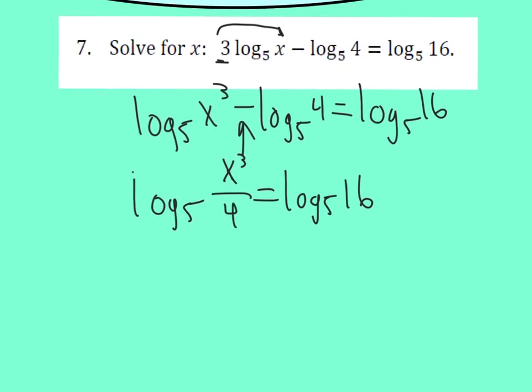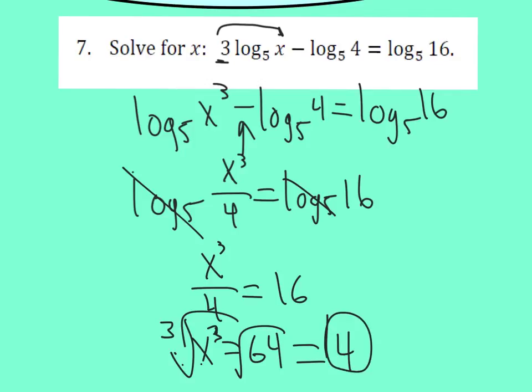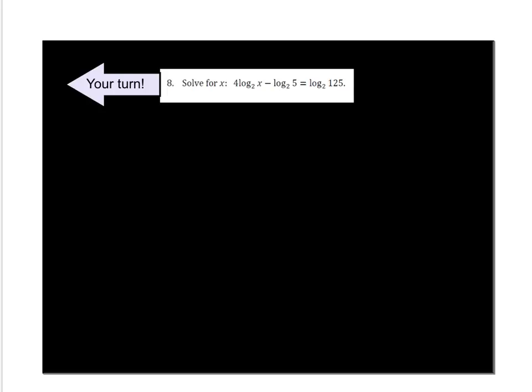So now the logs kind of basically cancel out. So I'm left with x to the third over 4 equals 16. So that means x to the third equals 64. So if I take the third root of 64, I'm going to get 4 for my answer. So that's what x is going to be, 4. But notice, I combined everything into one log, got rid of the logs, and then solved.